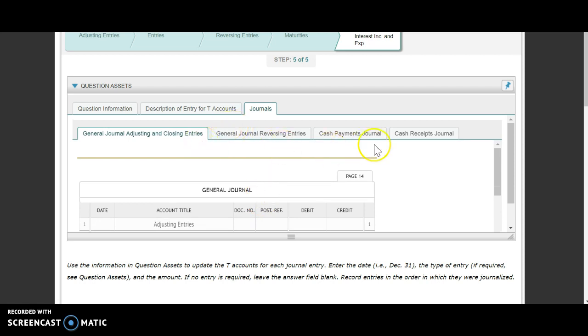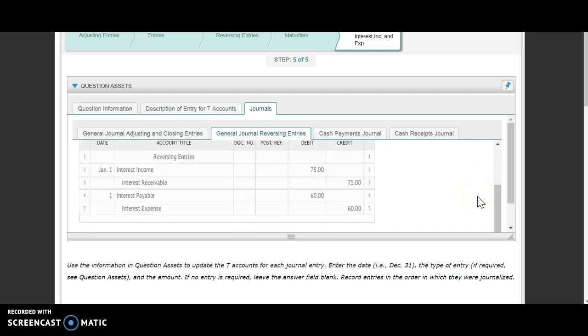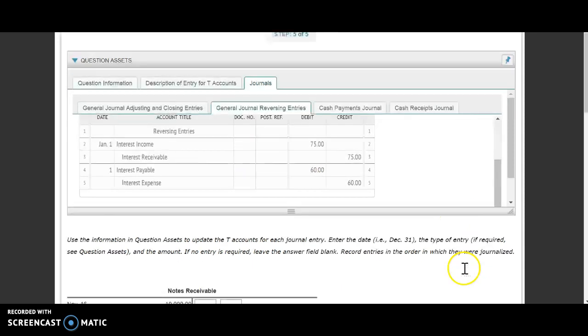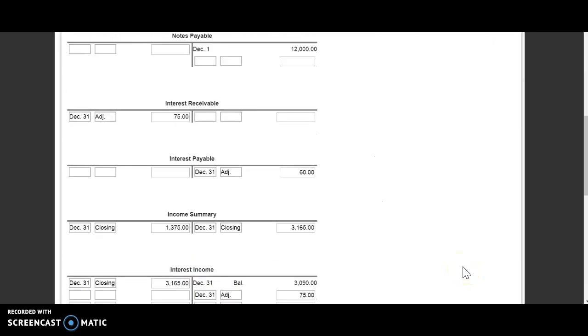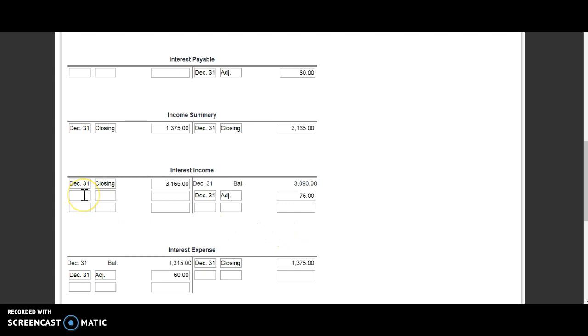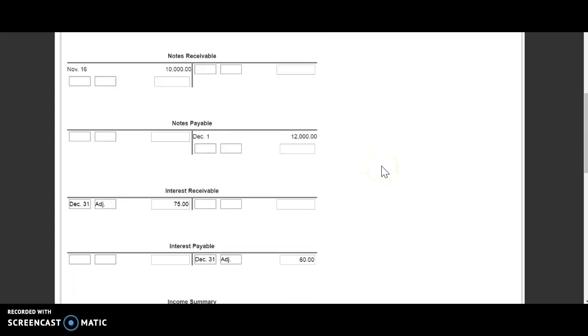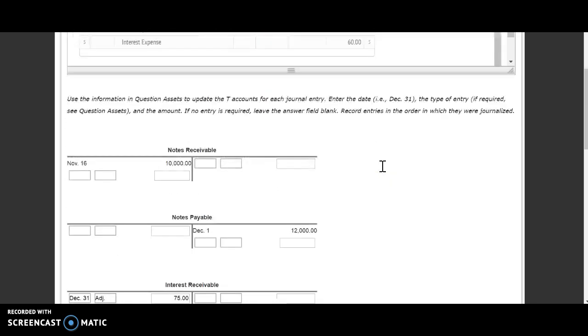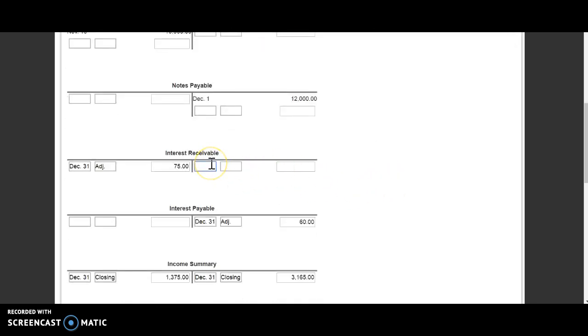We're going to go ahead and notice there's more tabs up here for our different journals. So now I'm going to go to my general journal reversing entries. So here are my reversing entries. My first one is a debit to interest income. So now I'm going to go to interest income, and I'm putting in a debit. This date is January 1st, and this is a reversing entry, so I'm going to put REV. And that was a debit of 75. Okay, then I'm going to credit interest receivable for 75.